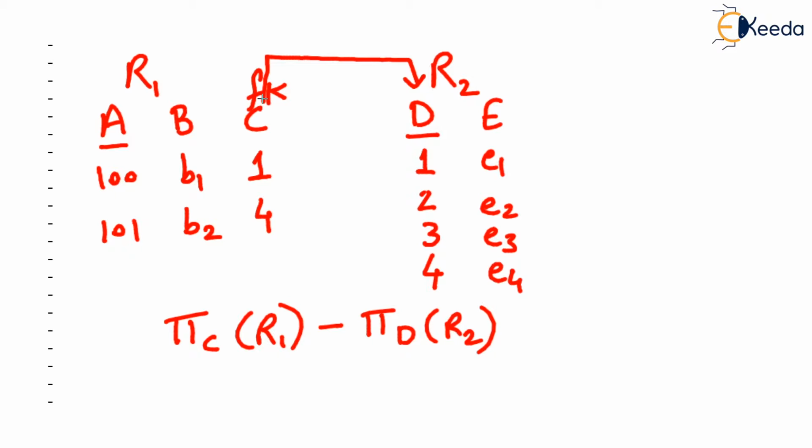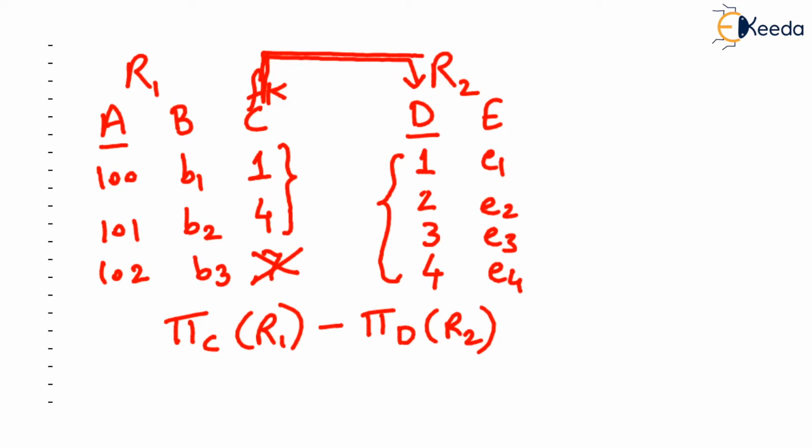What does that mean? Any value that you store under this C column must exist under the column D. So you cannot have a row like 102, B3, and let's say 7. Senseless. How can you have C as 7 when C is referring to the primary key D?